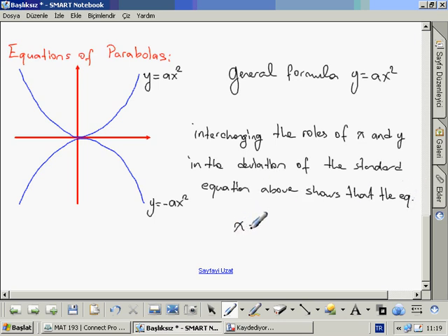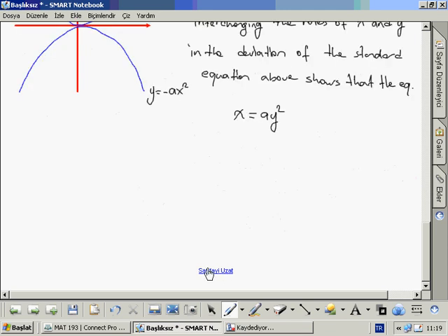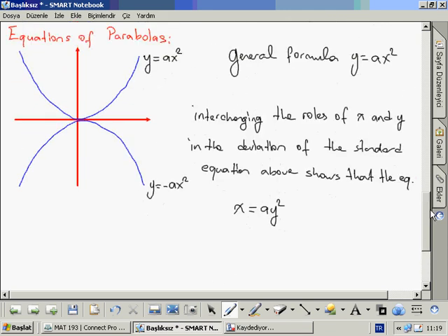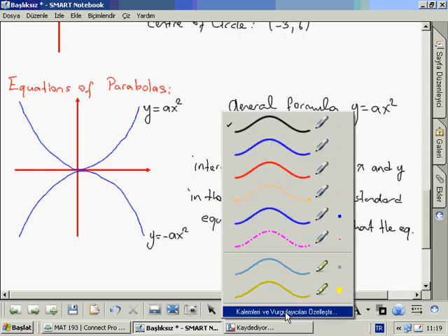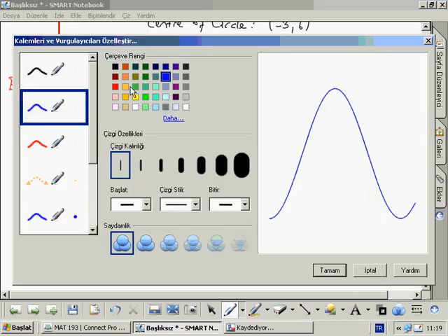which is x equals a times y squared, will look like that if your parabola formula is x equals a times y squared.